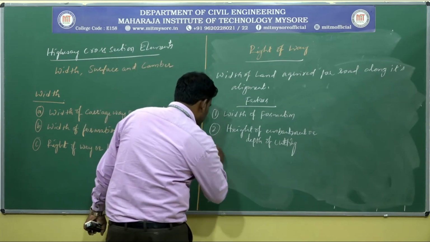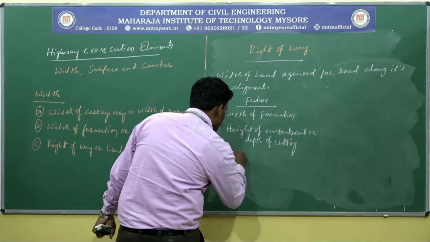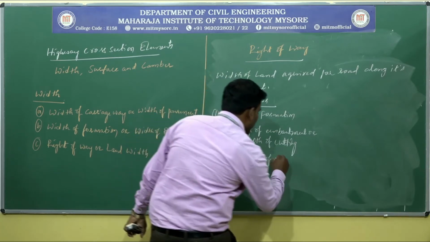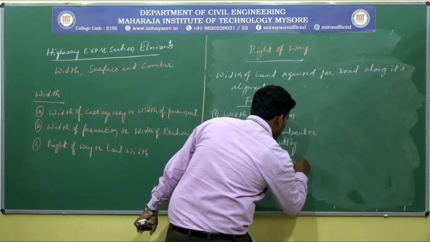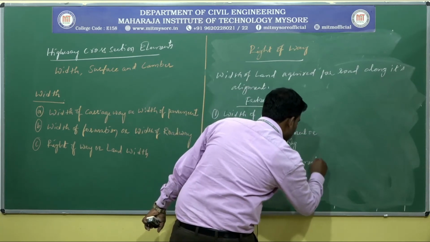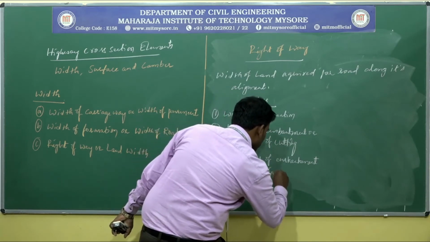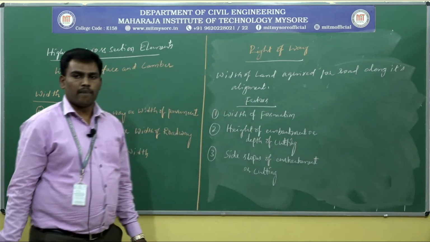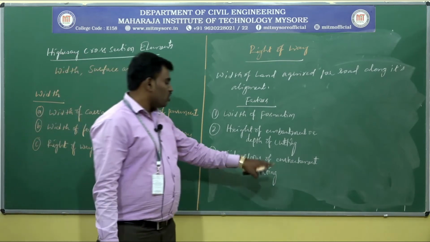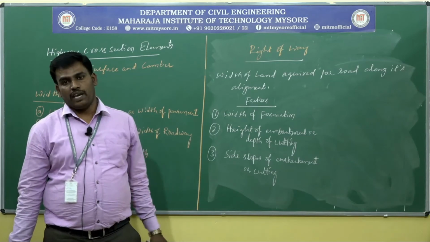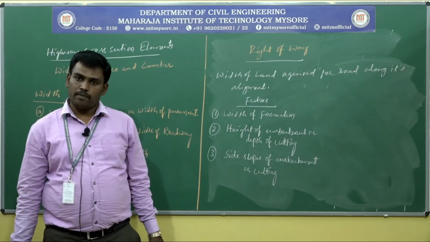And the third one is side slopes of embankment or cutting, and this will depend on the topography as well as soil type.